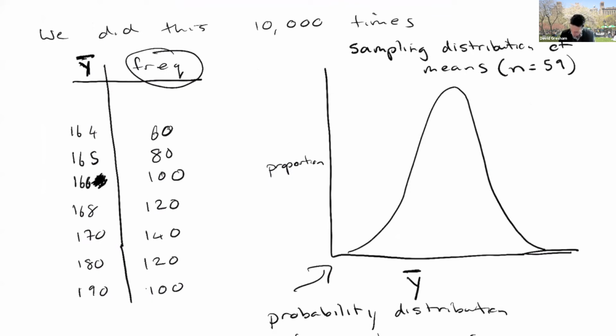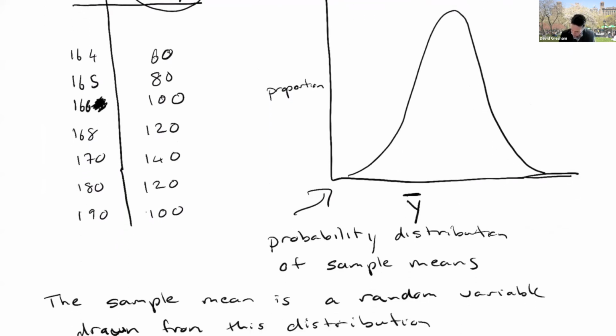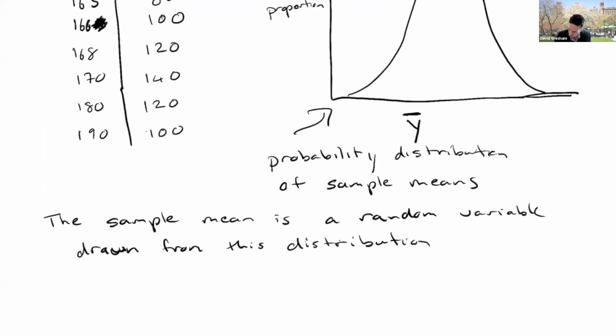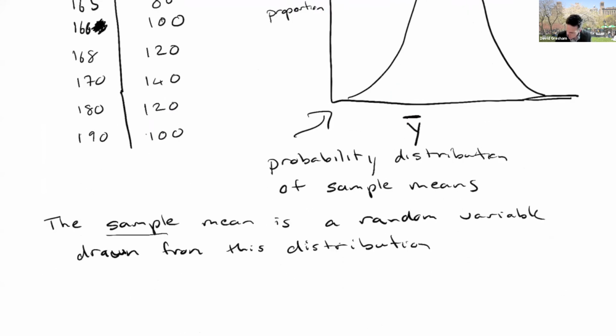And the key point here also is that the sample mean is a random variable, and this is unlike the population mean, unlike mu from our population, which is a constant.